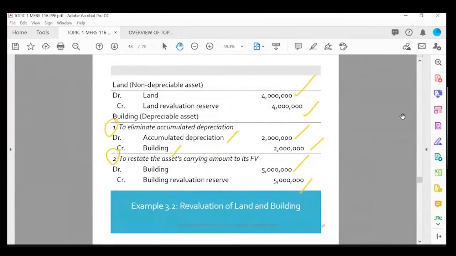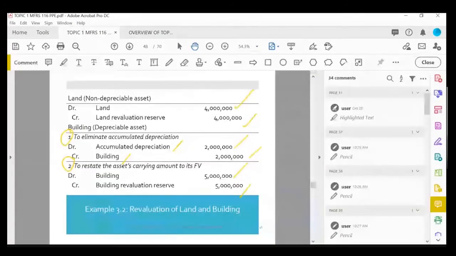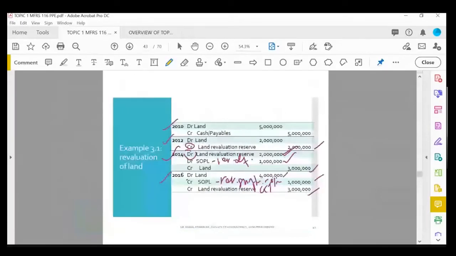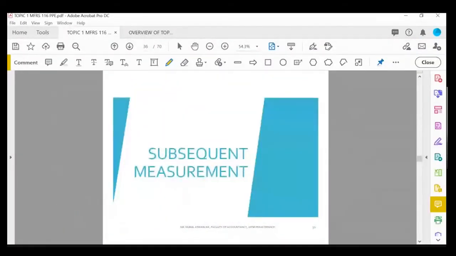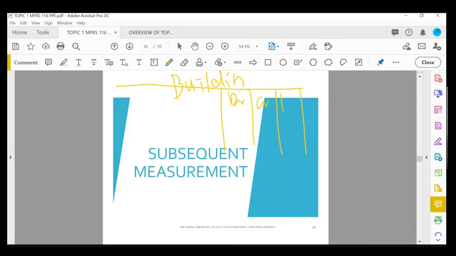A common question that I get from students is, Madam, why do we need to eliminate accumulated depreciation? What if we don't eliminate the accumulated depreciation? What happens in your building account? Imagine that we are going to prepare a 3-column ledger for building, with debit, credit, and balance columns.